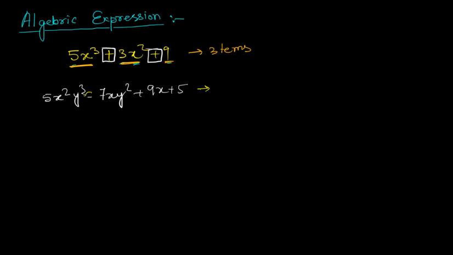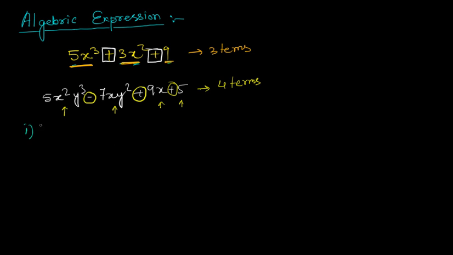In the same way we will figure out the additions and subtractions first, and we can see we have 1, 2, 3, 4. The constant itself is a term also. It has 4 terms.